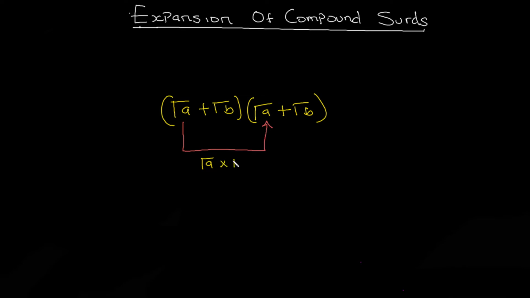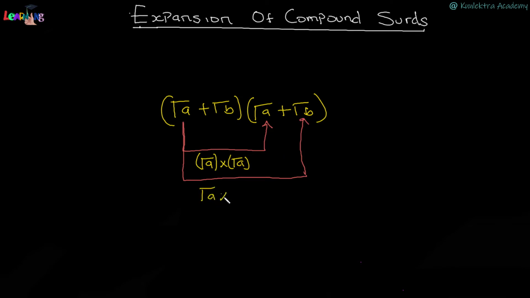times root A. You pick root A again, and multiply the second variable in the second bracket, and you have root A times root B. Then you move to the second variable in the first bracket.